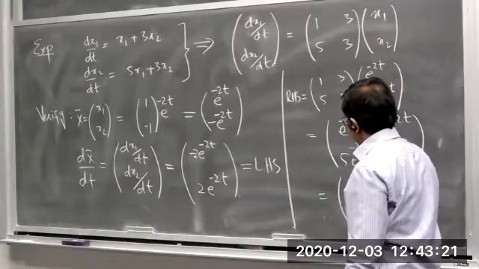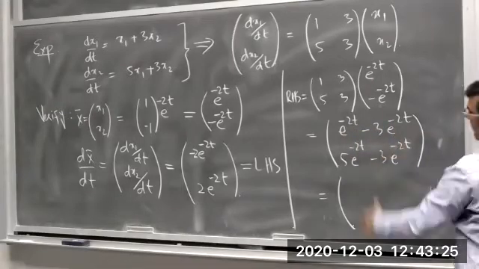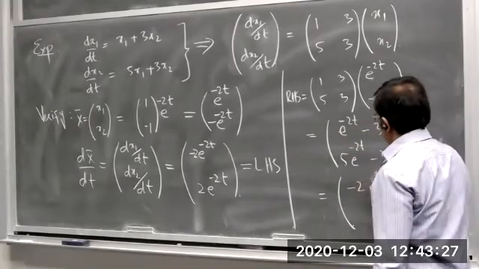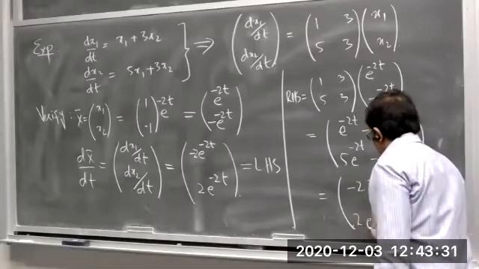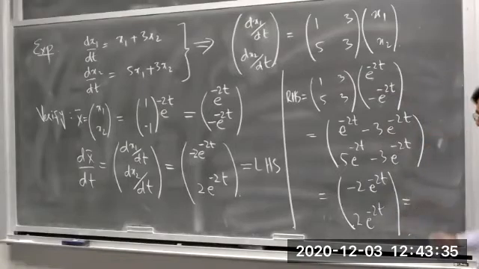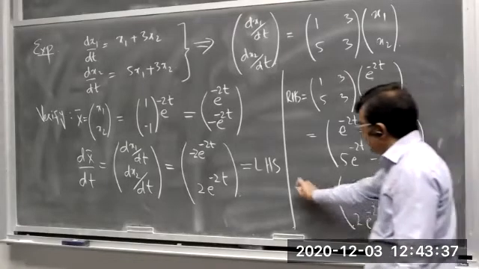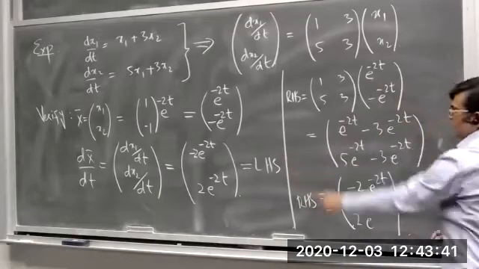And it becomes what? e raised power minus 2t minus 3 e raised power minus 2t, which is minus 2 e raised power minus 2t, and this one is 2 e raised power minus 2t. So this is your right hand side. You can see that this right hand side is equal to the left hand side.